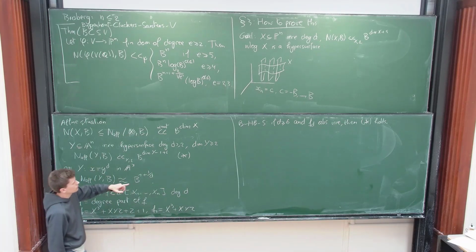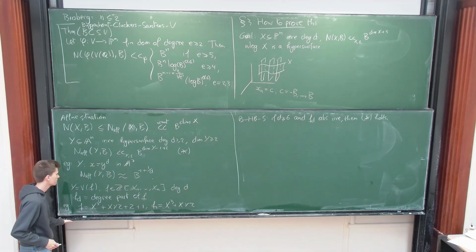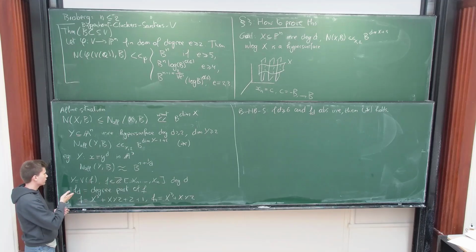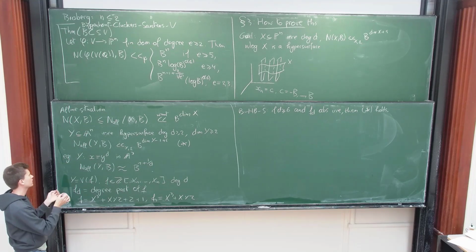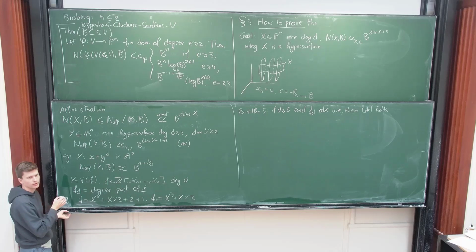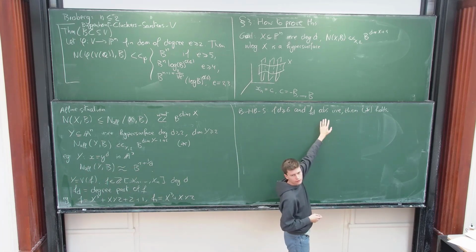Maybe first of all, where is this condition, this absolute irreducibility, used? It's used to bound the contribution coming from codimension 1 linear spaces on y. So you expect that if you have some variety y, the rational points or the integral points will sort of be dominated by counting on codimension 1 linear spaces. And this assumption is needed to control this contribution.